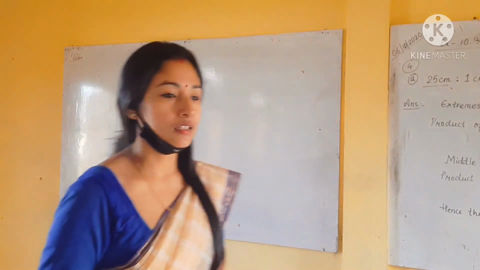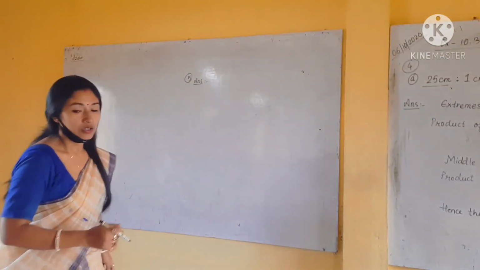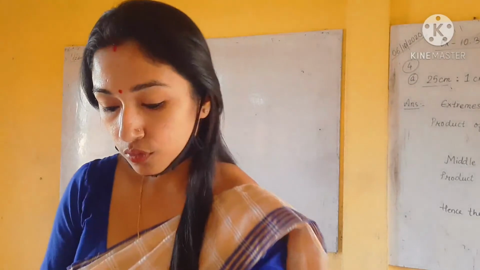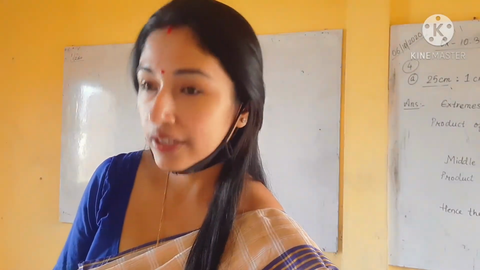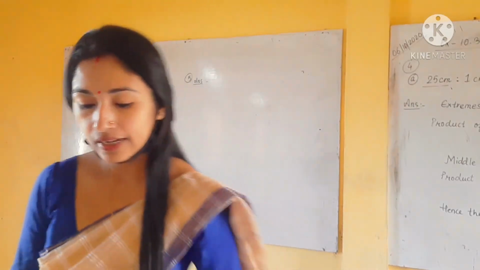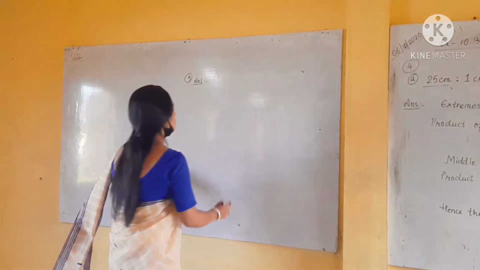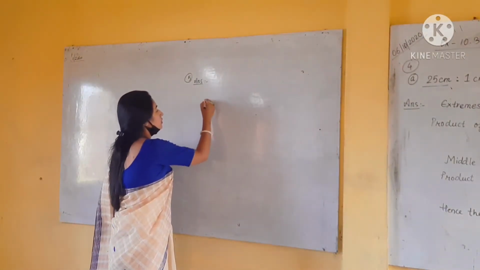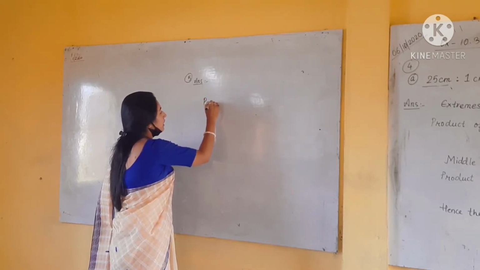Now we can write like this: 24 packets of crayons can be purchased with rupees 96. In proportion we can write packets of crayons.